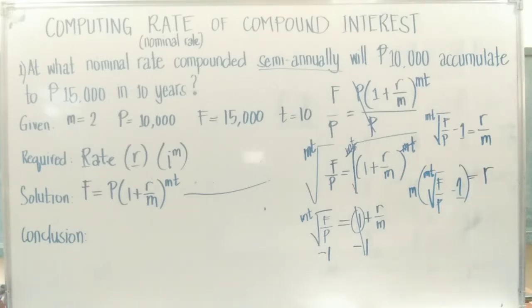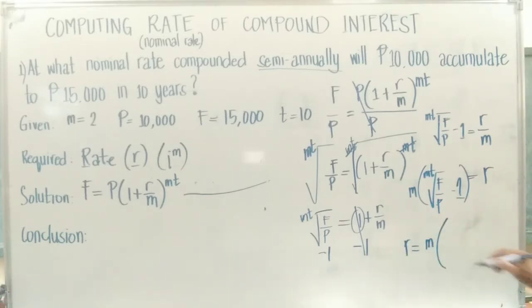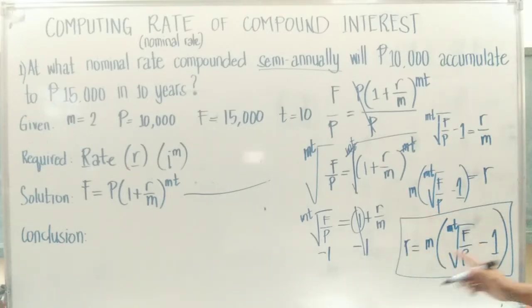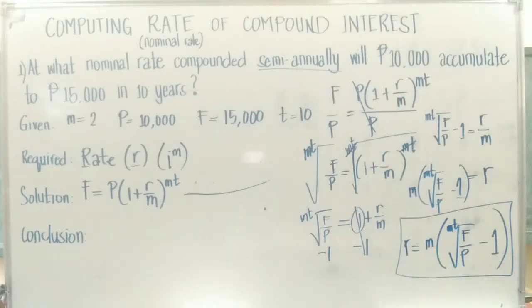Okay? Writing it the proper way, we have r equals m times the quantity of the mt root of f over p, minus 1. So here now is our equation in computing your nominal or annual rate. So please take note of this.